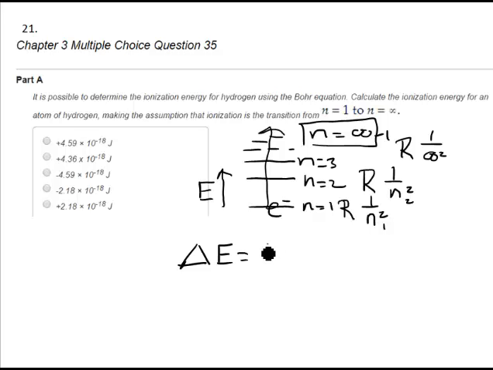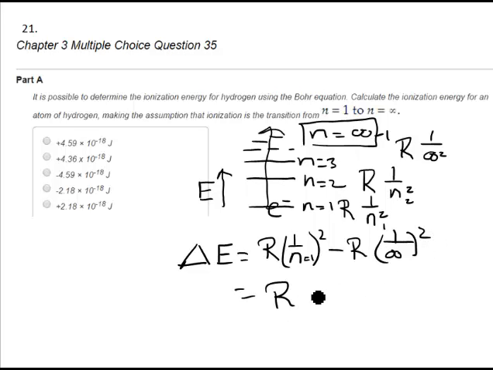So we're going to take R times 1 over N equals 1, that whole thing squared, minus R times 1 over infinity, that whole thing squared. So it's equal to R times 1 squared minus 1 over infinity squared.